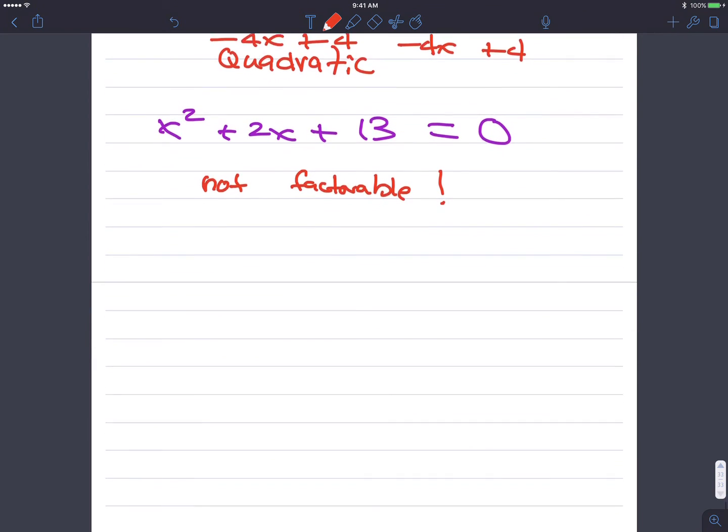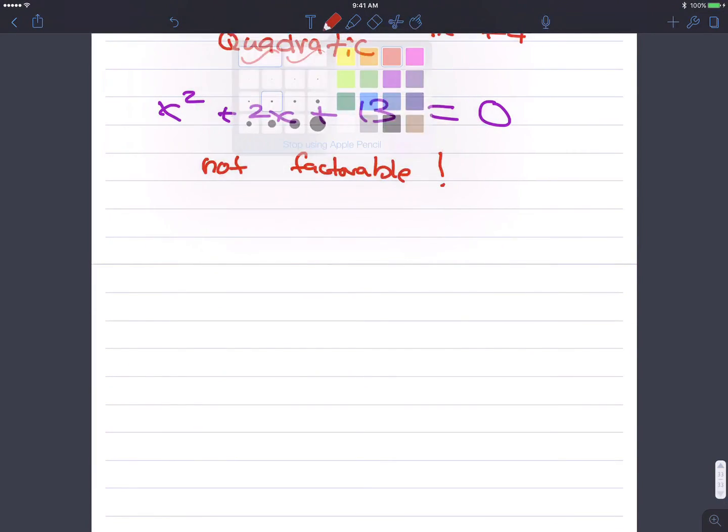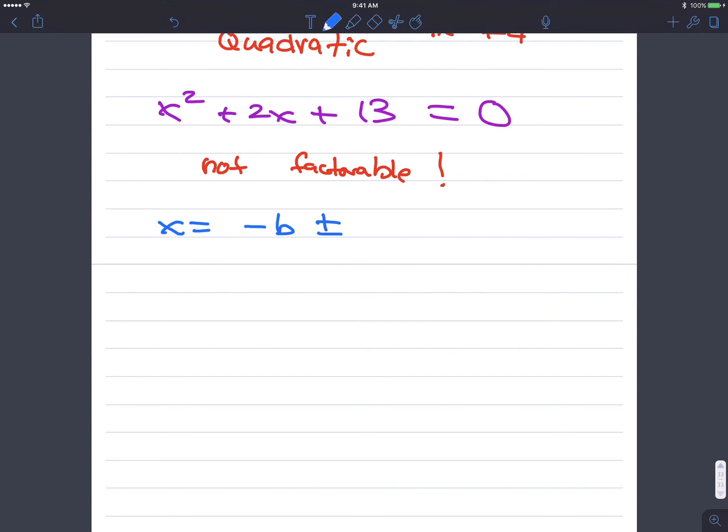No big deal. We bring out the big guns, and that's the quadratic formula. So x is negative b plus or minus square root of b squared minus 4ac, everything over 2a.